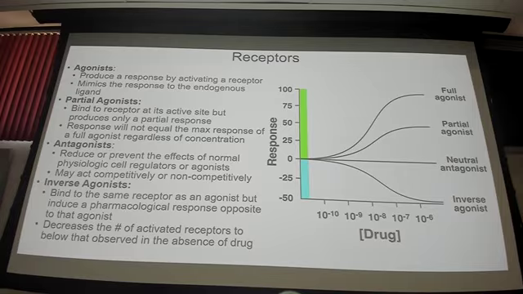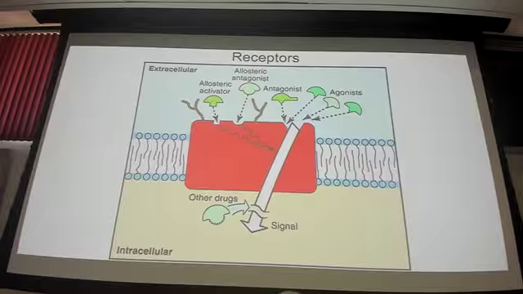So that inverse agonist is going to make the amount of receptors decrease to an amount less than what was basally found in whatever region of the body these receptors were at.